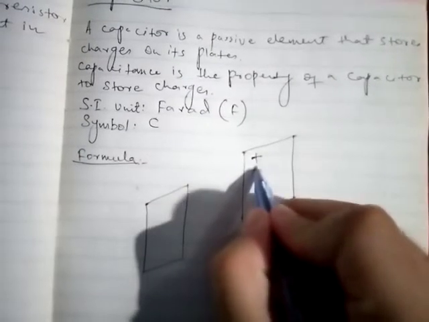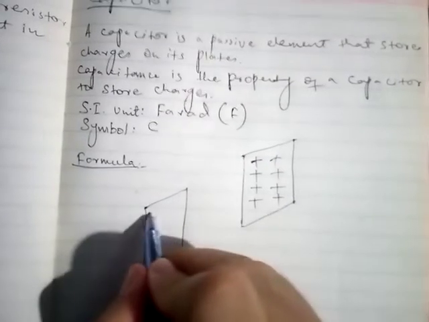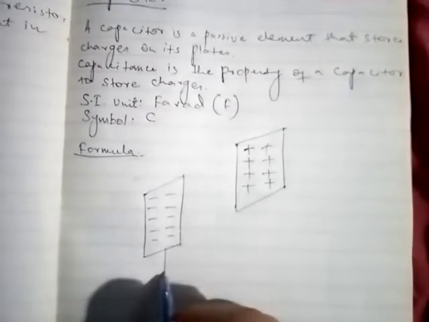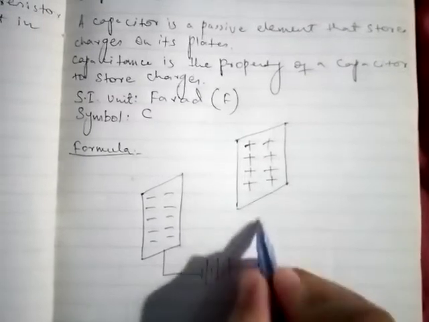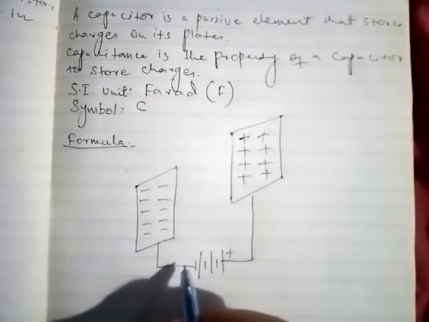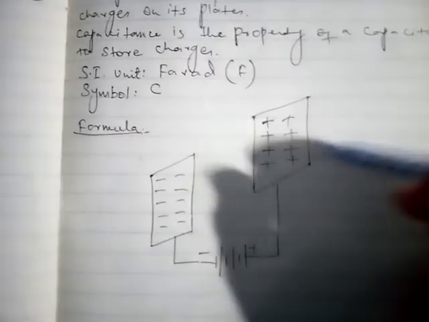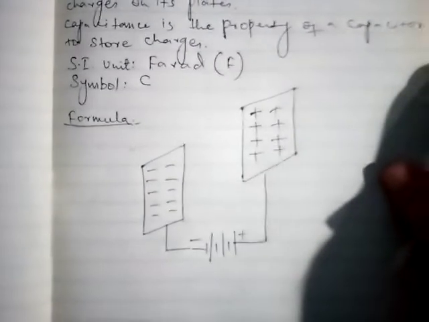One plate is of positive charges, one plate is of negative charges. You connect both the plates with the help of a battery. This is the positive terminal of the battery, this is the negative terminal. So positive charges are stored on the positive plate and negative charges are stored on the negative plate, because this plate is connected with the positive terminal of the battery and this plate is connected with the negative terminal.